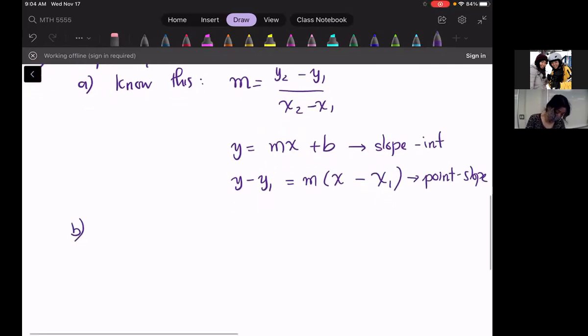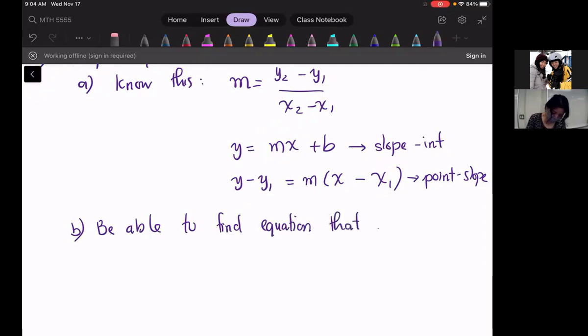B, be able to find an equation that is parallel or perpendicular to the given equation.